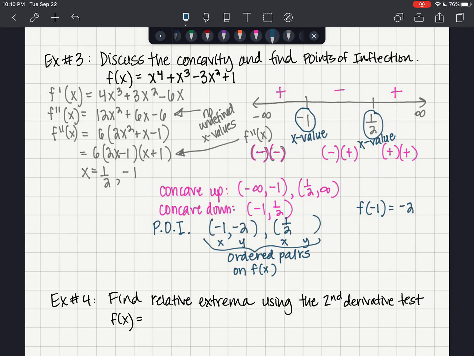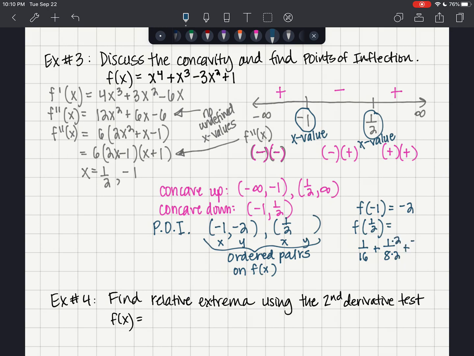And when I put a 1/2 in, okay, I don't want to cheat. I've got it written down already, but I'm not going to cheat. 1 over 2 to the 4th is 1 over 16. And then I've got 1 over 8, so I'm going to need another 2 there so I can get a common denominator, right?